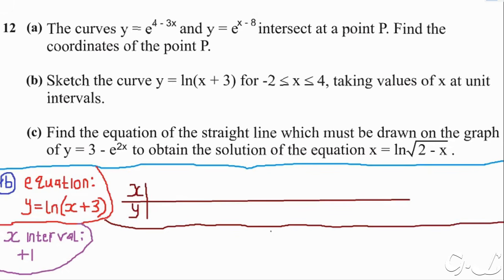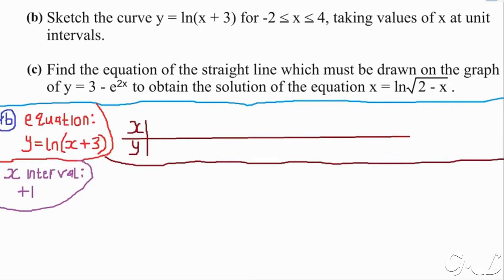The unit interval should suit the graph paper. Don't choose a unit interval that won't suit the graph paper. So in this video tutorial, we chose the unit interval of 1. So the unit interval on the x-axis is 1.